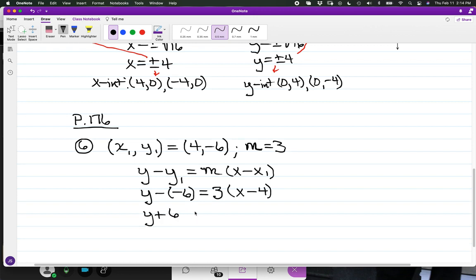And so we have y plus 6 is equal to 3 times the quantity of x minus 4. Now I could have gone ahead and distributed, but I did want to mention that in this format, this is the point-slope equation.